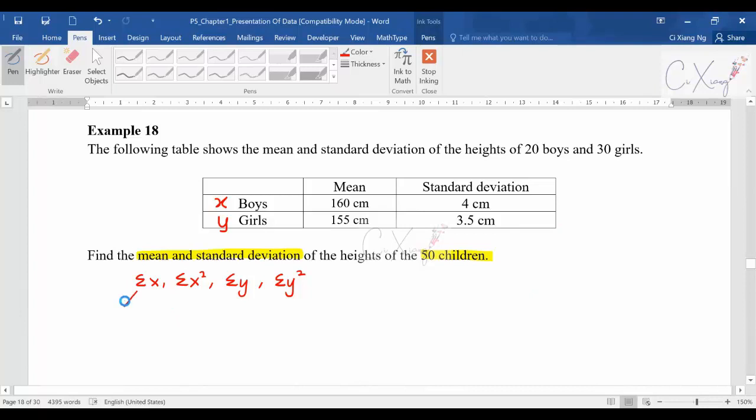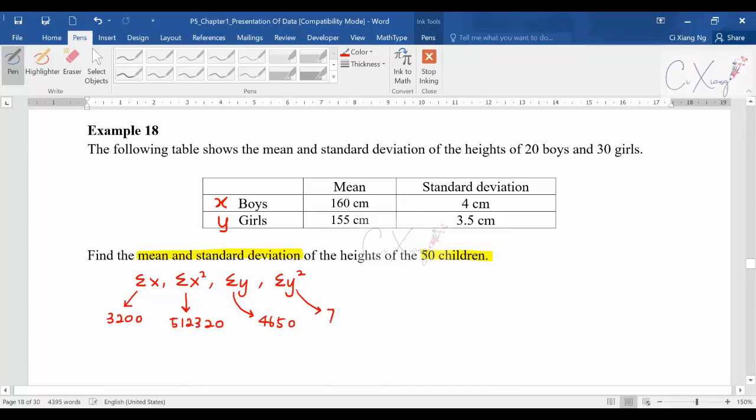The summation of X is 3,200. Summation of X square, I have 512,320. Summation of Y, I have 4,650.